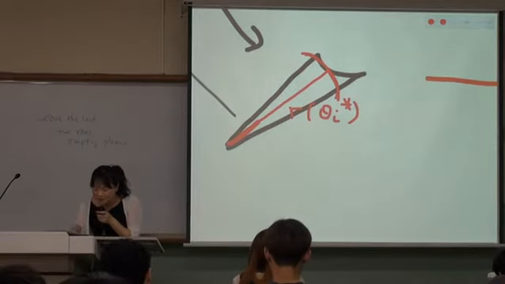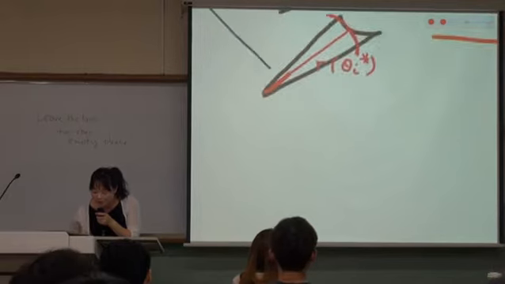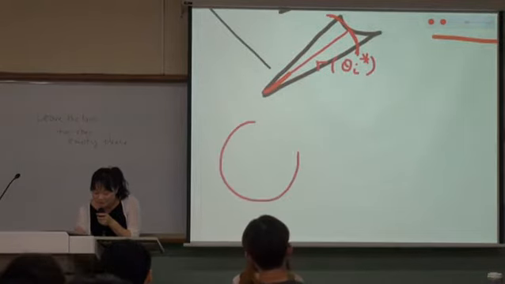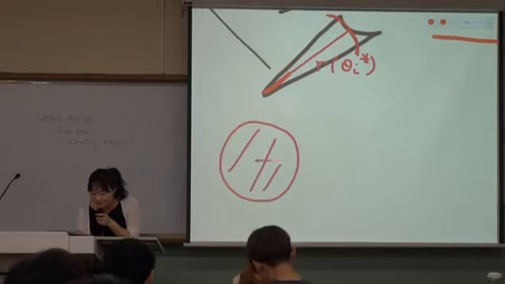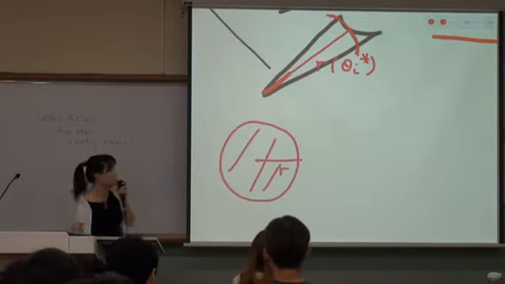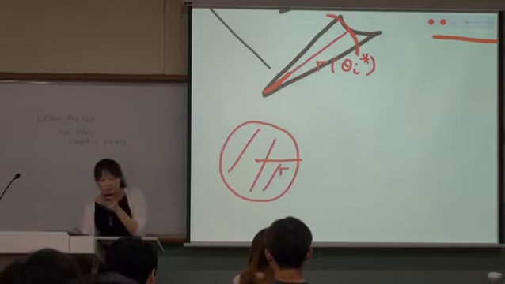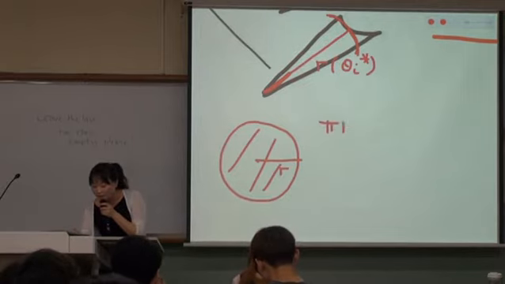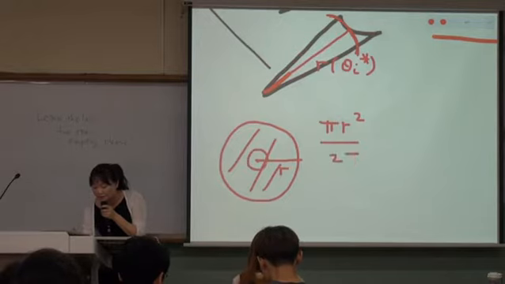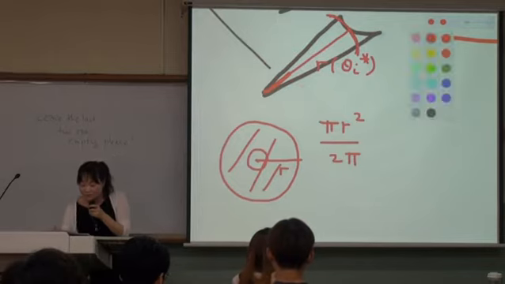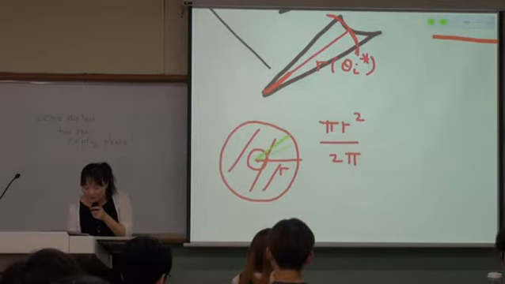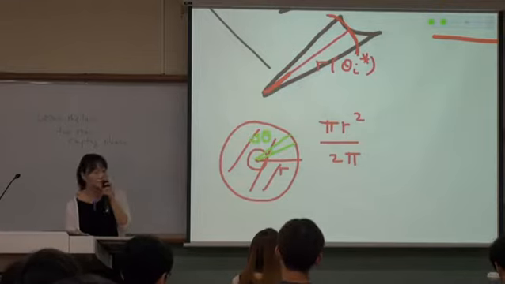If we recall our geometry, what's the area of a circle of radius r? Pi r squared. That is when the intersecting angle is 2 pi. Here we are looking at a subsection where the angle is delta theta.